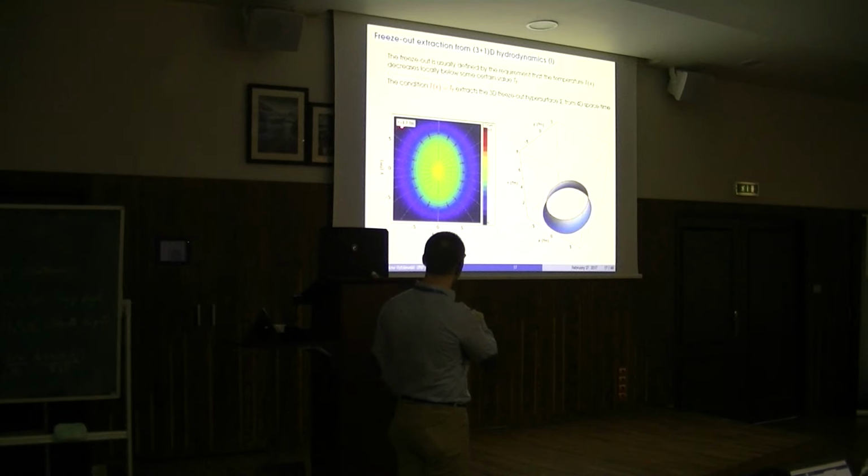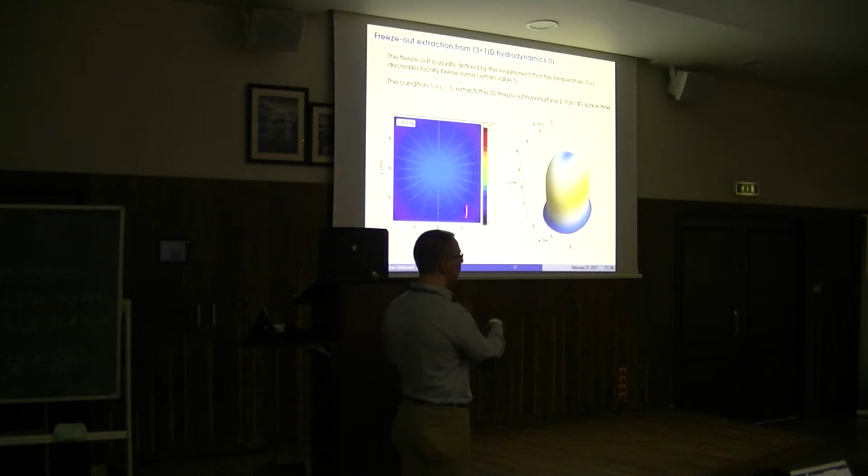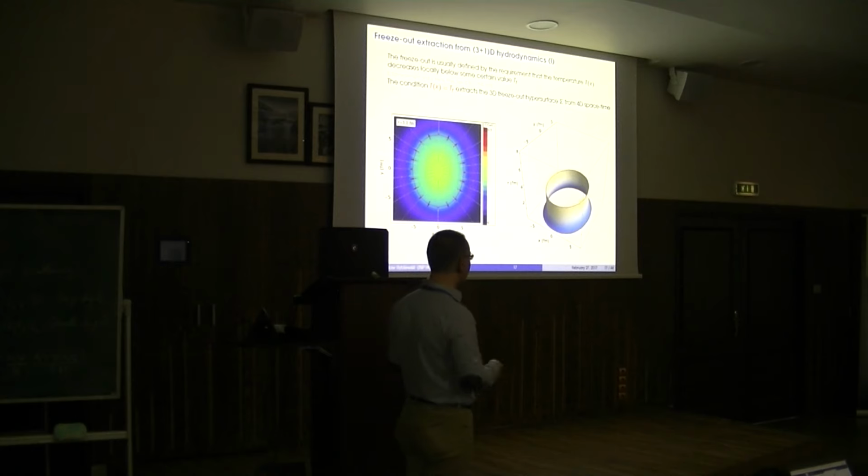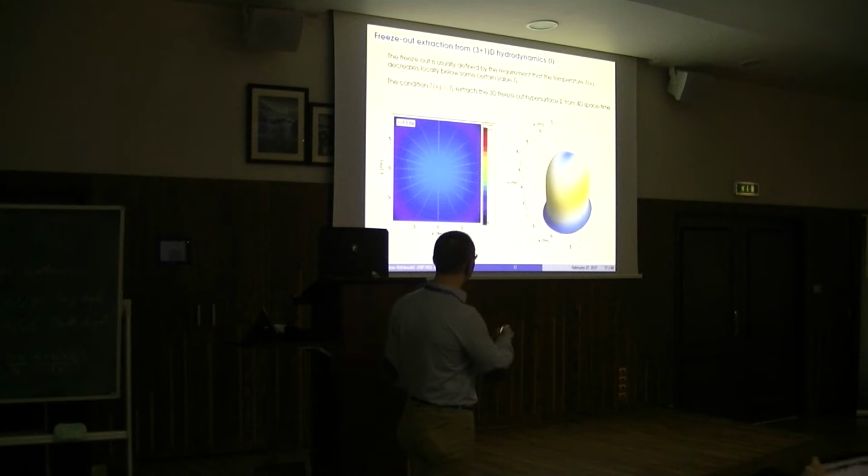When the proper time increases, so your evolution goes on, you just extract the shape of the hypersurface. So it looks like this. I have no evolution along the beam axis here. I just suppress this because it's not possible to show four-dimensional evolution here. But if you suppress it, instead of three-dimensional evolution, you get a two-dimensional hypersurface.